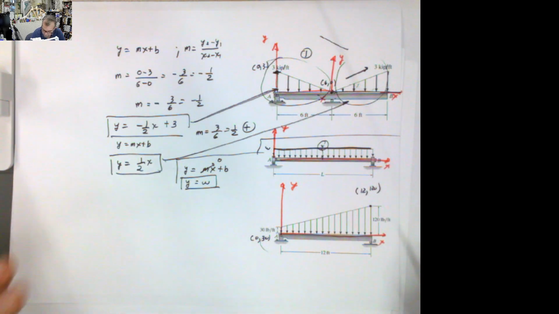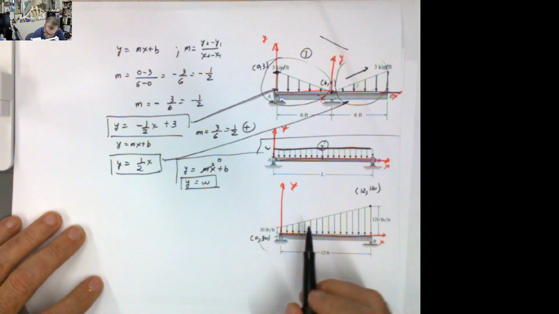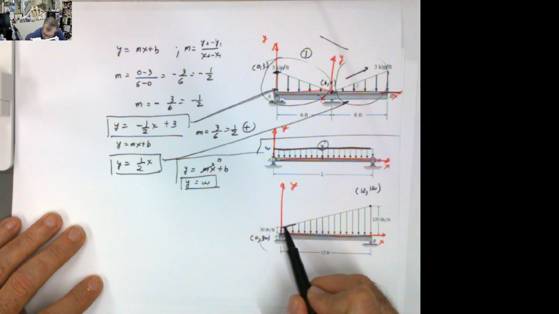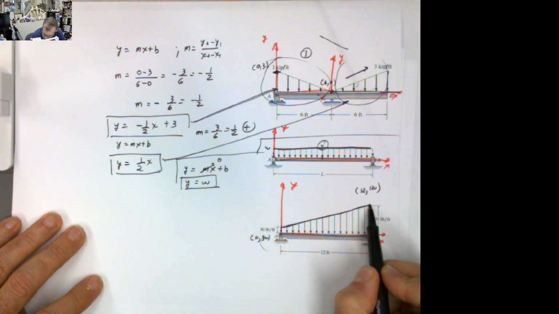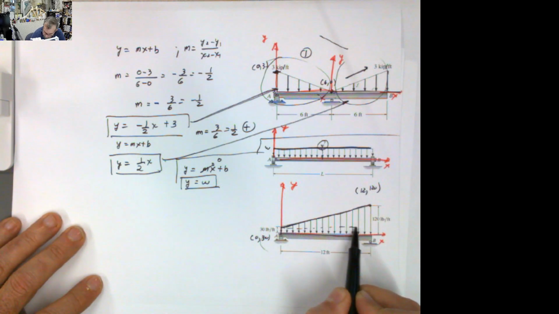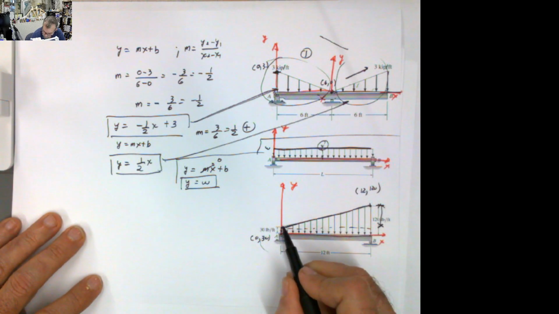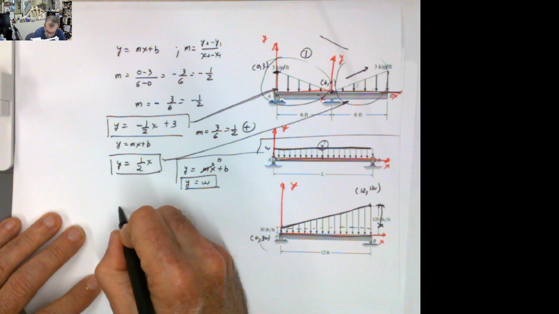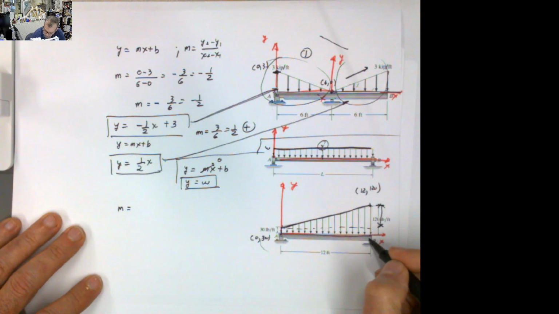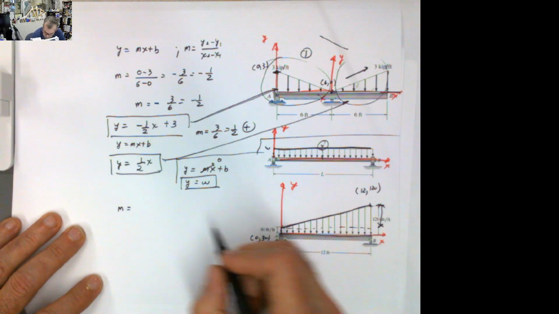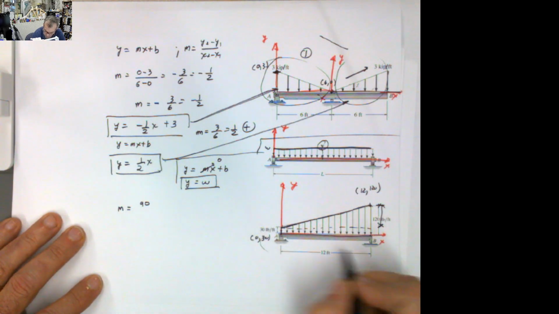Or I just see that in reality this is the rise, which is 120 minus 30. So my slope will be 120 minus 30, 90, divided by 12.